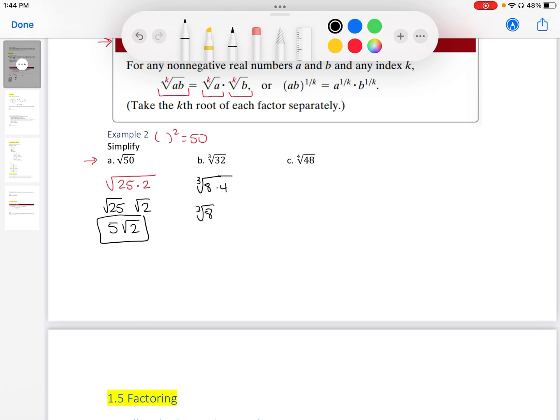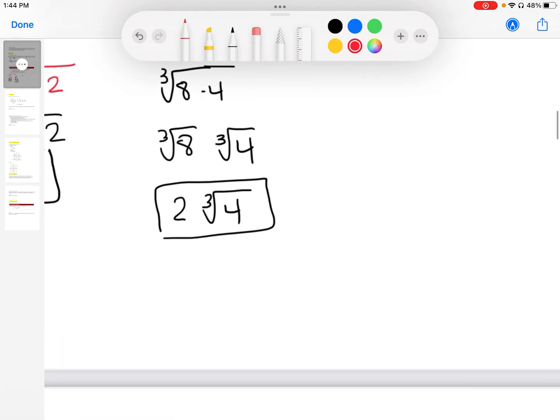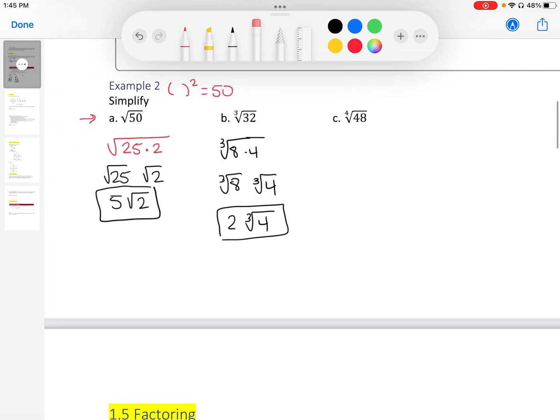If I consider each one separately, the cube root of 8 is 2. So we're left with 2 times the cube root of 4. And even though they're being multiplied, we don't need to write the multiplication. It's implied that they are being multiplied. And as for this cube root of 4, I can't simplify it any further, so it just stays as is.